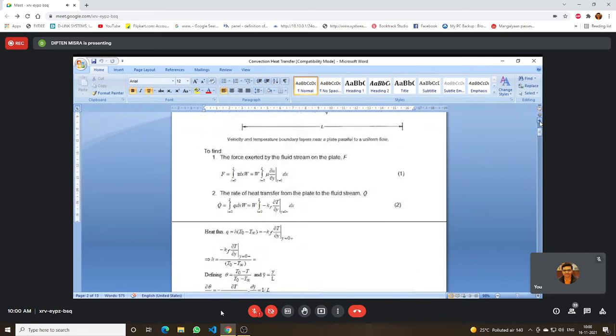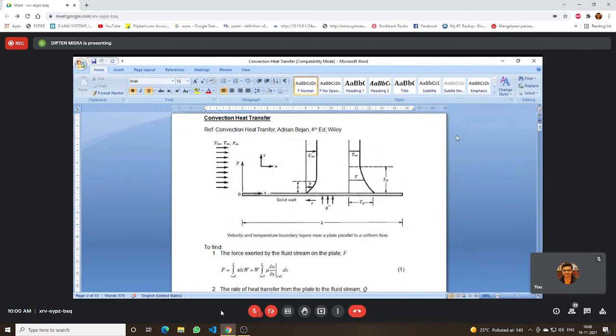It is moving with a constant velocity outside the velocity boundary layer. It is not constant velocity all through. Far away from the plate, it is moving with a constant velocity U infinity, and it is gradually increasing from 0 within the boundary layer, though at each and every point it is not changing with time.